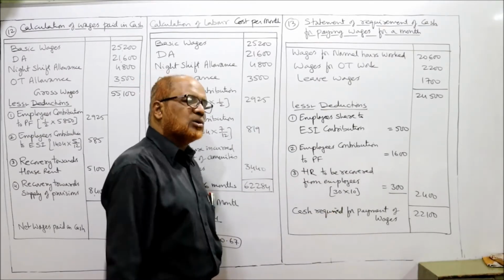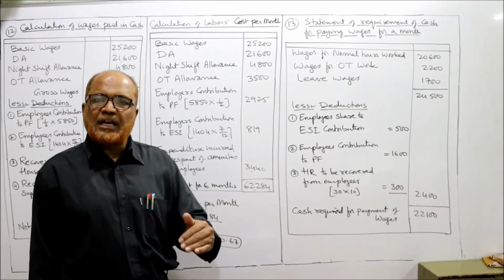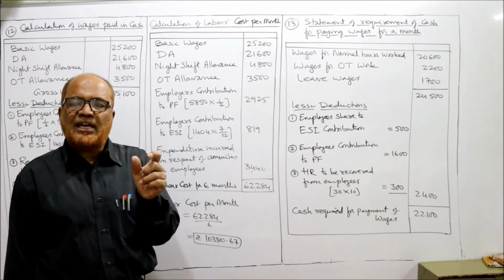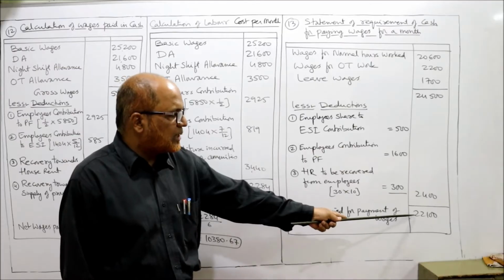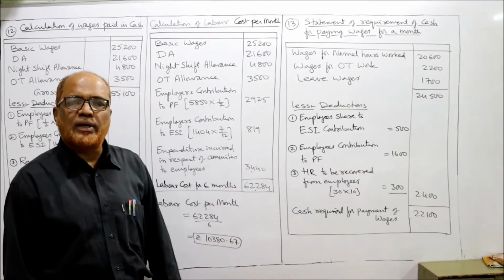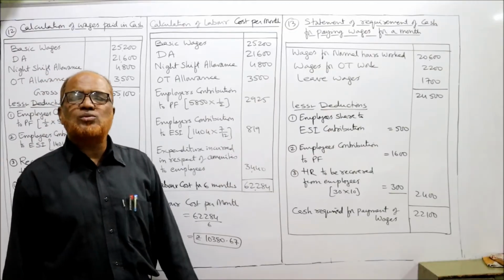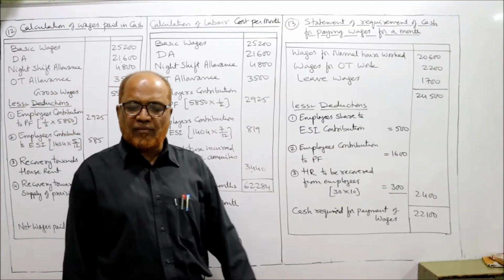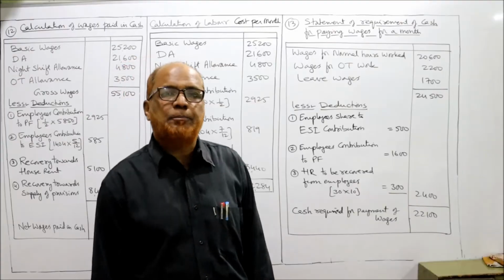So the total is 2,400. After making the deductions, the net amount of cash required for payment of wages is 22,100. This is the cash required for payment of wages. This is a very small problem, the 13th problem. So we have completed 13 problems in total.